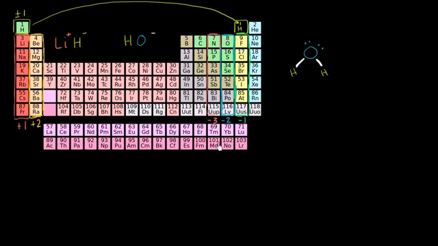To get to hydroxide, the oxygen essentially nabs both of these electrons, so you get that pair. Now you have this pair as well, and then you have that other covalent bond to the other hydrogen.